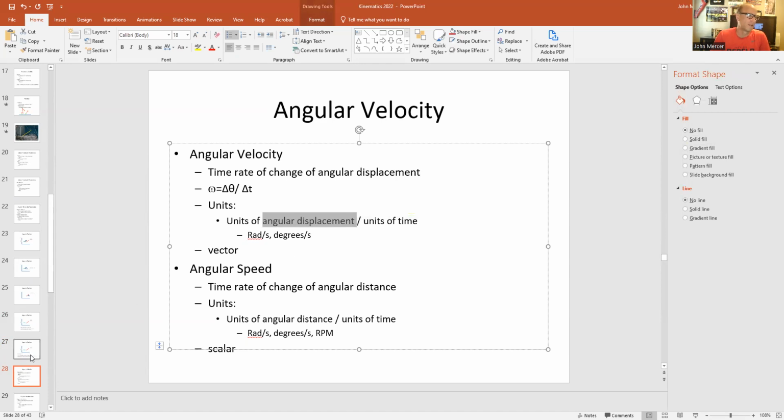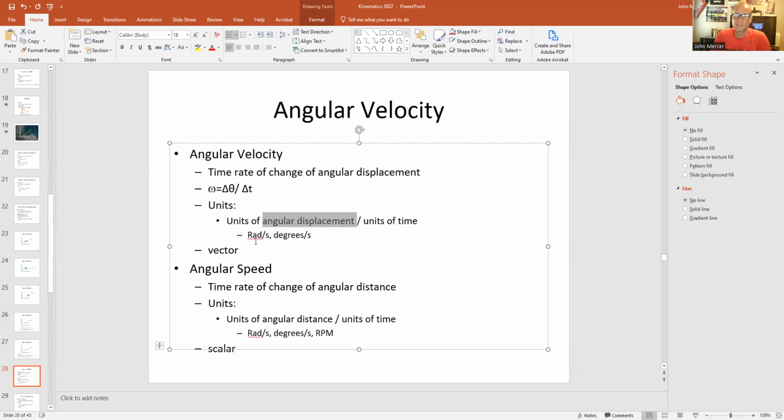I should have gone back up. I don't know why I'm missing that in my slide up there. But units for angular displacement are degrees, radians, or revolutions. So units for angular velocity are radians per second, degrees per second, revolutions per minute, any units of angular displacement over any units of time.